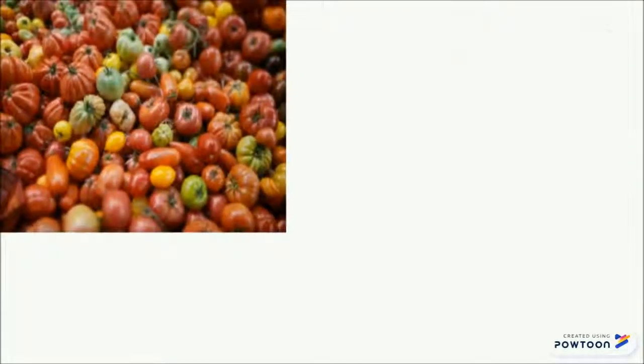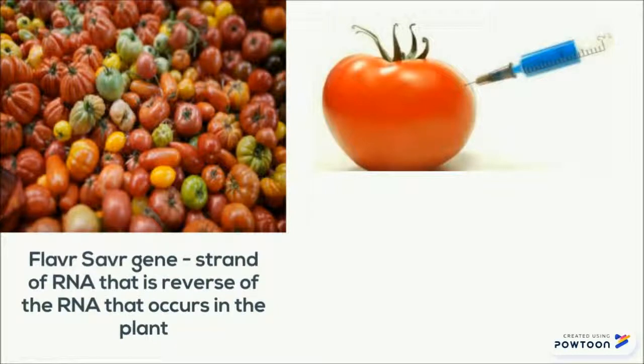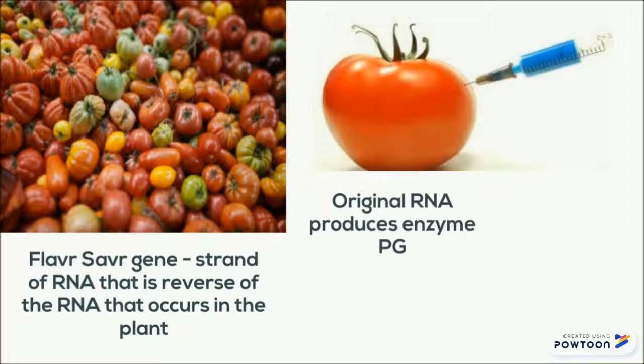I will explain about the Flavr Savr gene. The Flavr Savr gene is a strand of RNA that is the reverse of the RNA that occurs in the plant. The original RNA produces the enzyme polygalacturonase (PG).